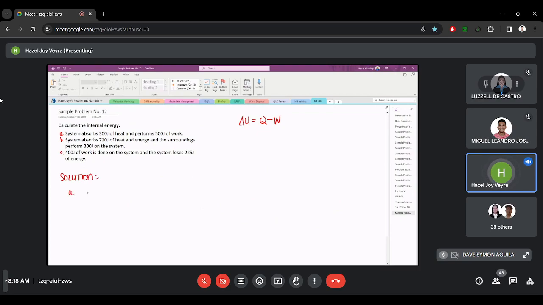First one. The system absorbs 300 joules of heat and performs 500 joules of work. Calculate the internal energy. The system absorbs heat and performs work.